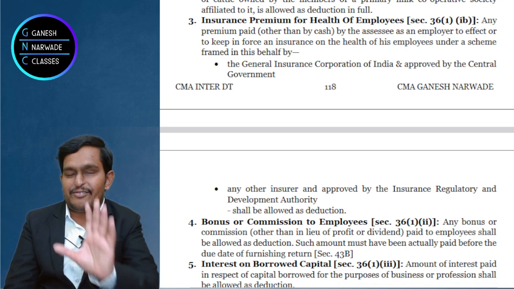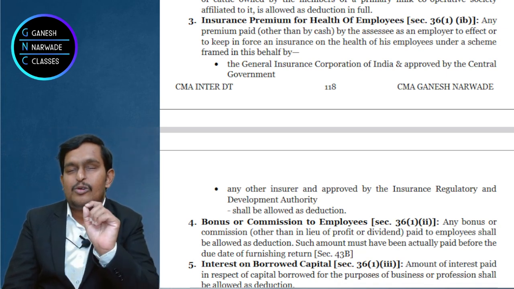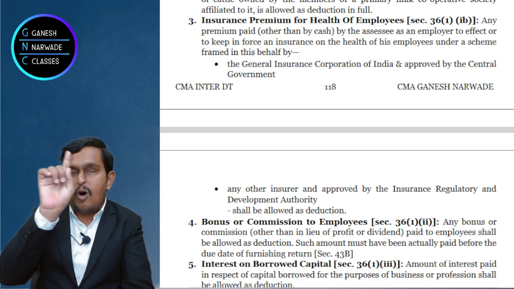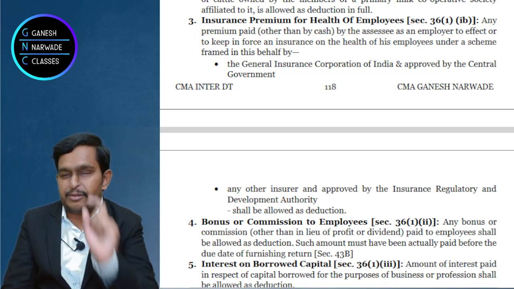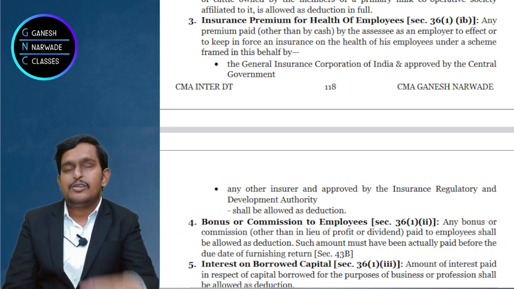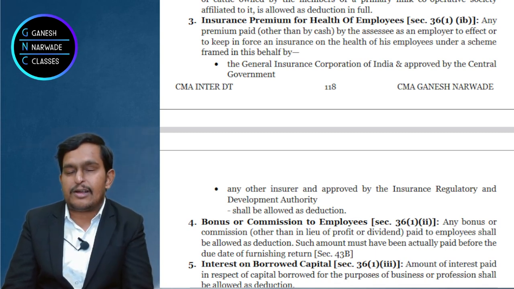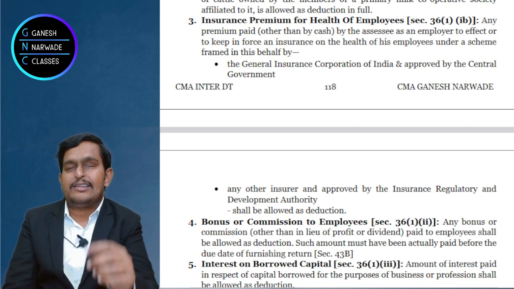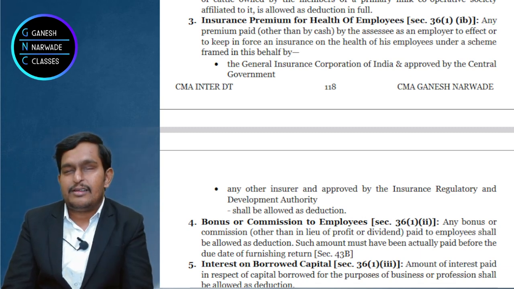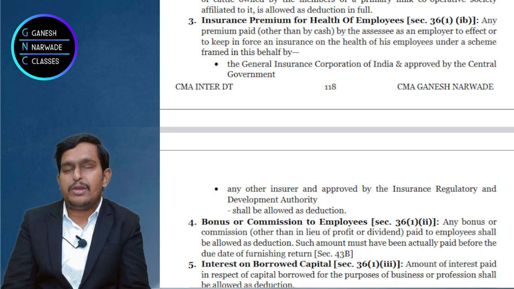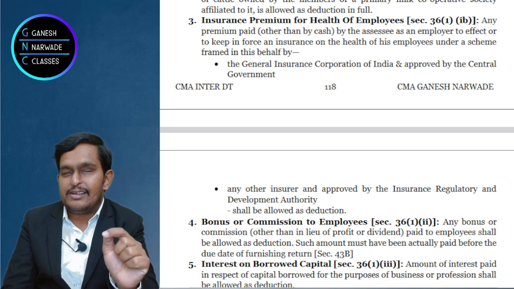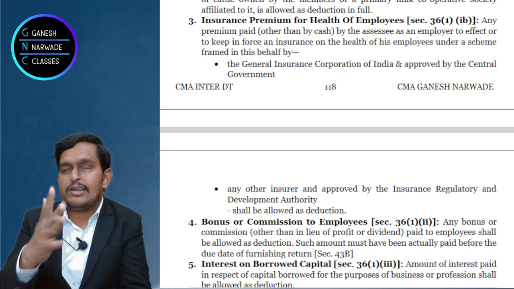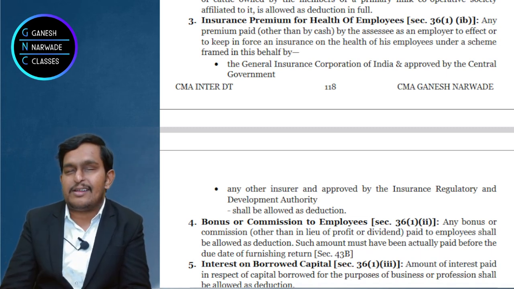Okay, this difference, are you clear? Now what happens is, when we solve the long problems in PGBP, we start with the net profit, and whatever differences are there between accounting and income tax, those differences are adjusted. For example, if insurance premium on the health of employees is paid in cash, accounting will debit it, so profit will decrease. But income tax says we will not allow it as deduction because it is paid in cash.